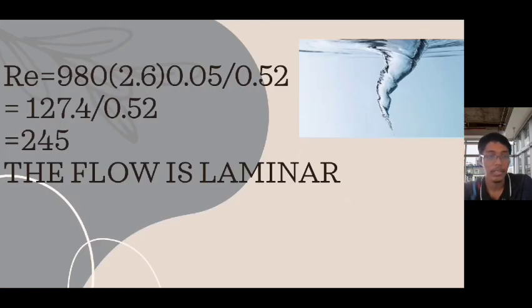Then we arrange the data according to the formula: Re equals 980 times 2.6 times 0.05 over 0.52, equals 127.4 over 0.52. Lastly, we get 245, which is a laminar flow.